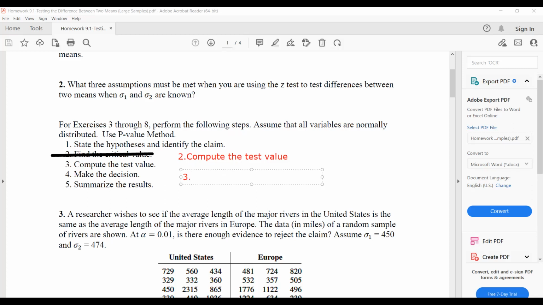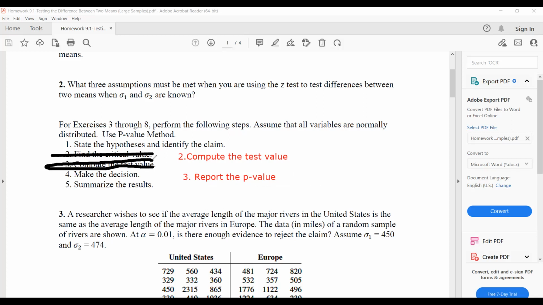I'll show you that when we do question 3 right now, but just so you know, that's what we're following here. So I'm going to cross this out because these two are wrong. Make the decision.